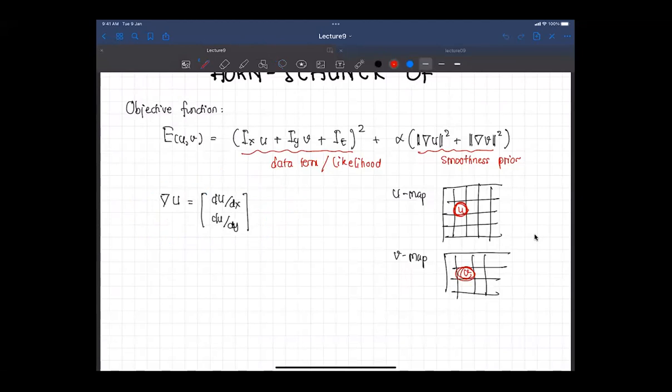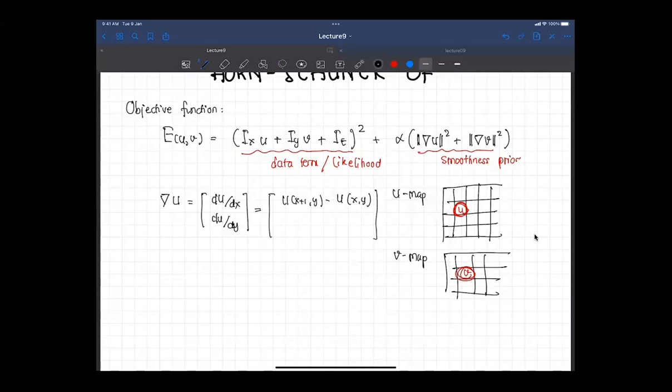You know the meaning of the du/dx, right? This one means u(x+1, y) minus u(x, y). And this one, of course, you have to have y: u(x, y+1) minus u(x, y).